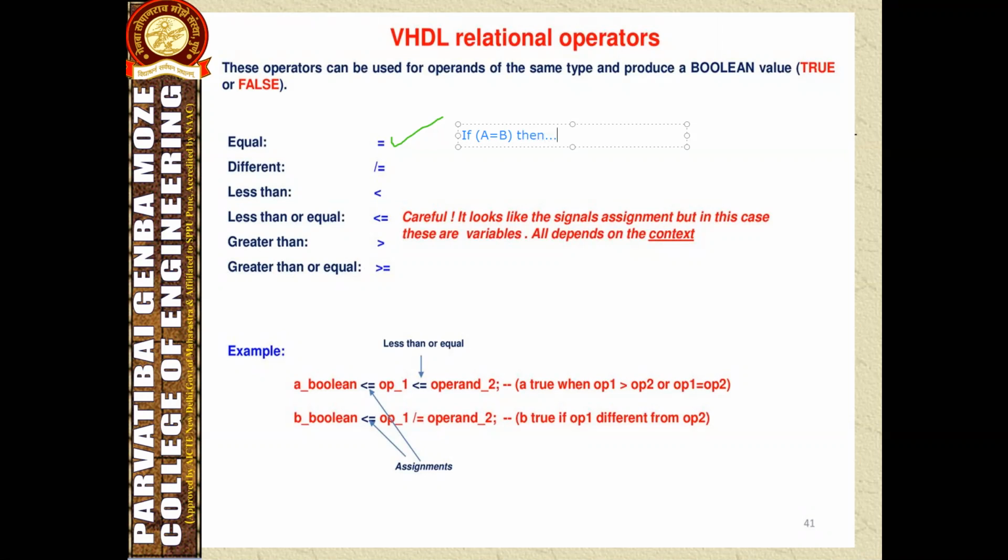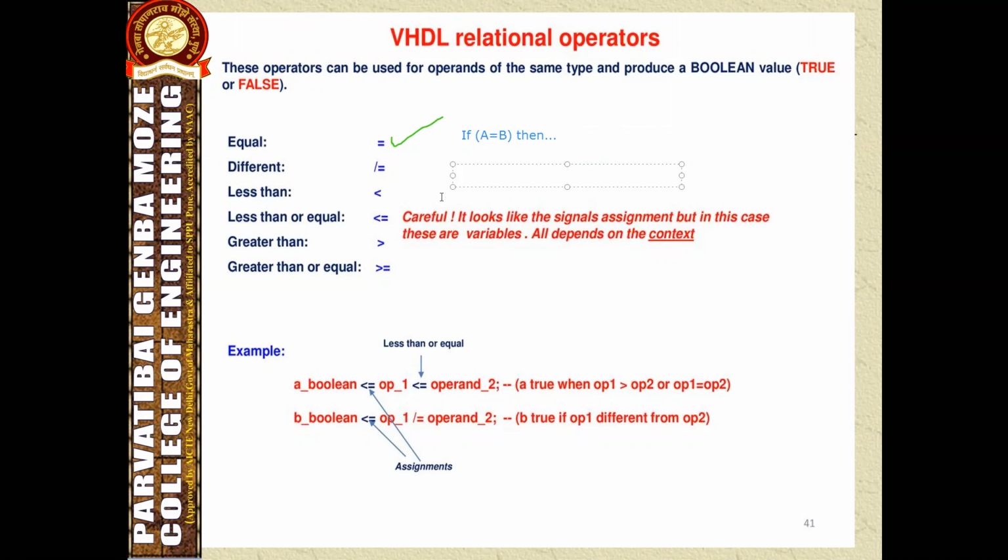Then the further command will execute if A is equal to B. So to compare equality of these two objects, the equal to sign will be used. If not equal to, then this operator will be used.